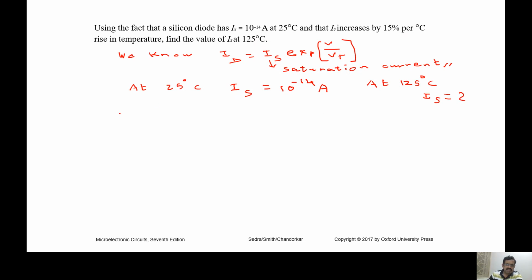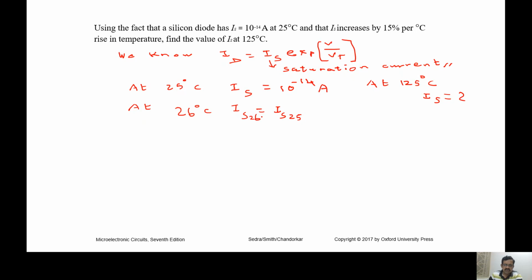That's the question. So let us do a simple mathematical exercise here. We are given that IS increases 15% per degree centigrade, which means that on raising the temperature by 1 degree, at 26 degrees centigrade IS will become IS at 25 degrees, which I will write as IS25, times 115 by 100.